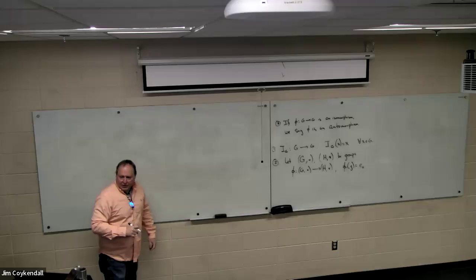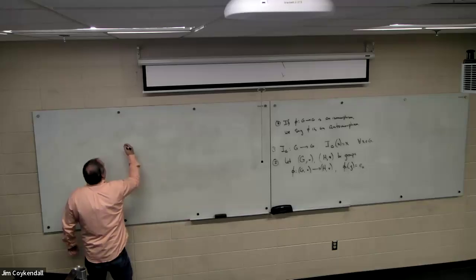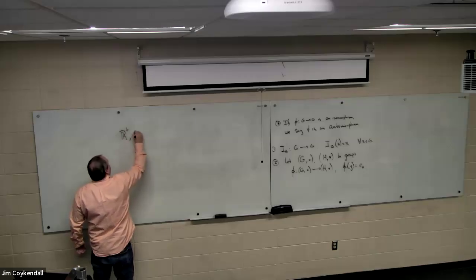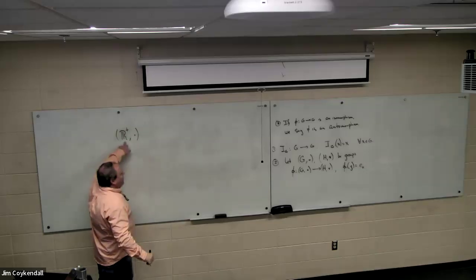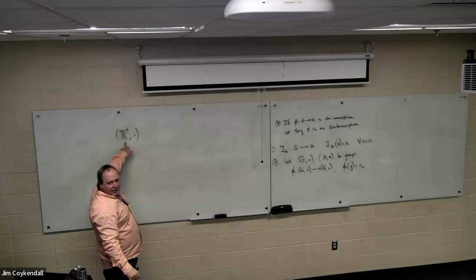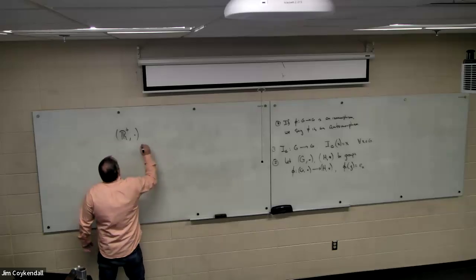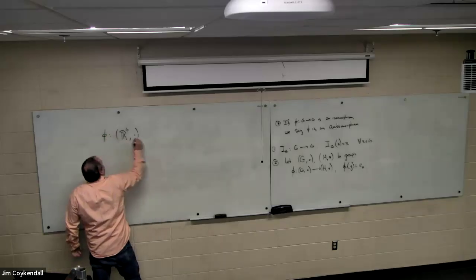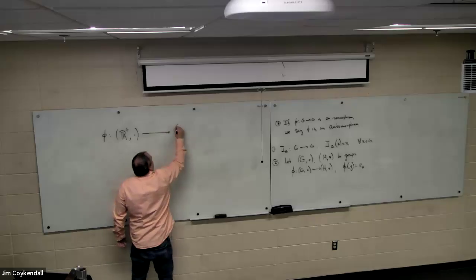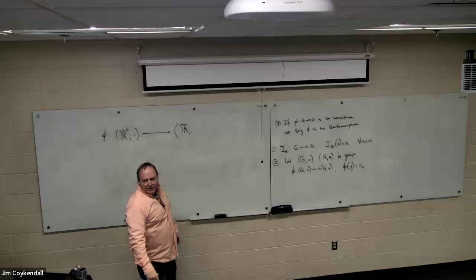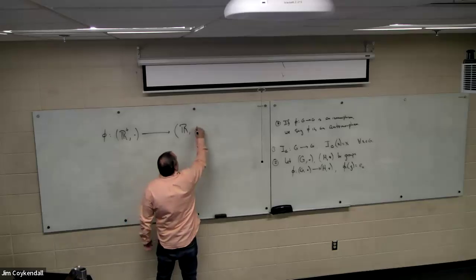There is, in fact, not just a homomorphism but an isomorphism between these two groups. By this, I mean the positive real numbers, and I do mean positive, no zeros, everything positive, under multiplication, and all the real numbers, positive, zero, and negative, under addition.